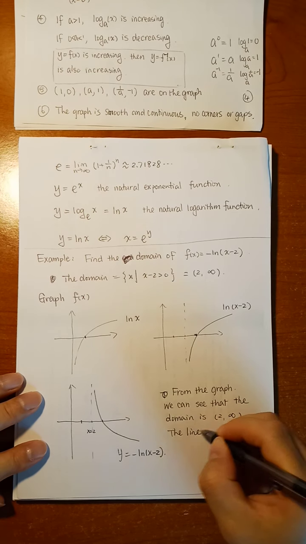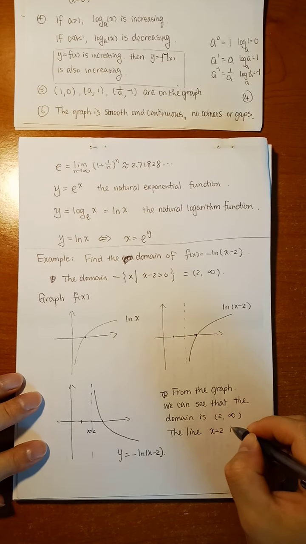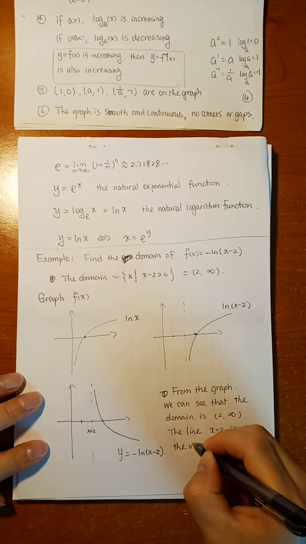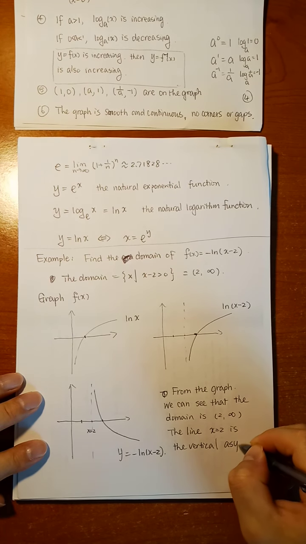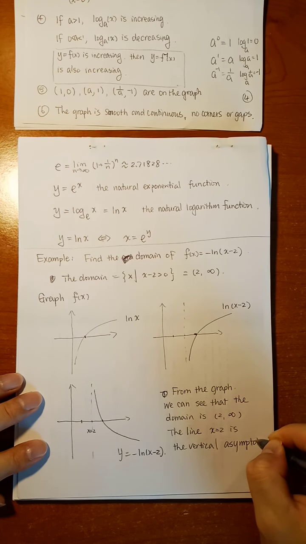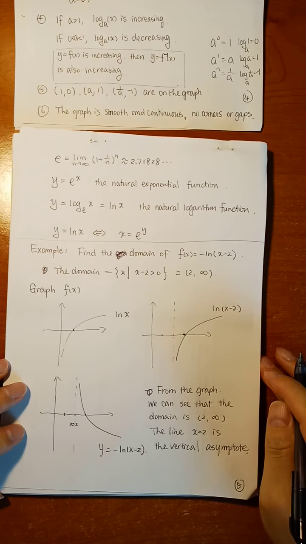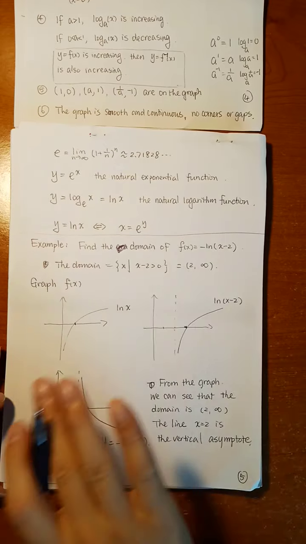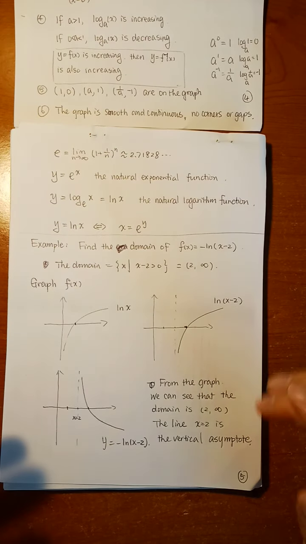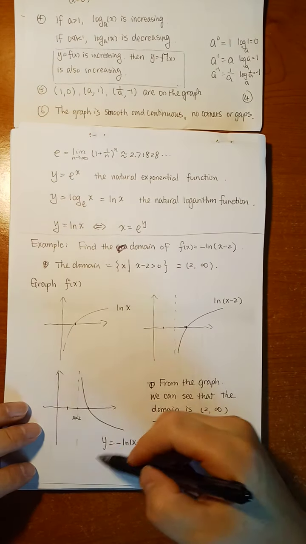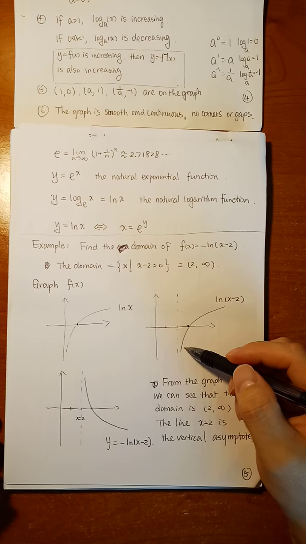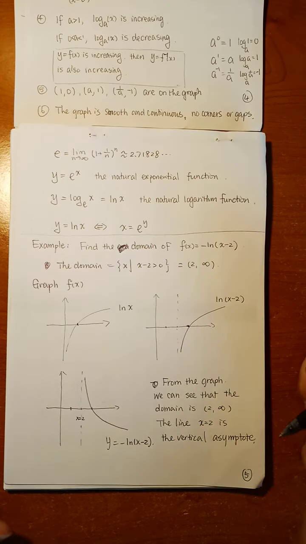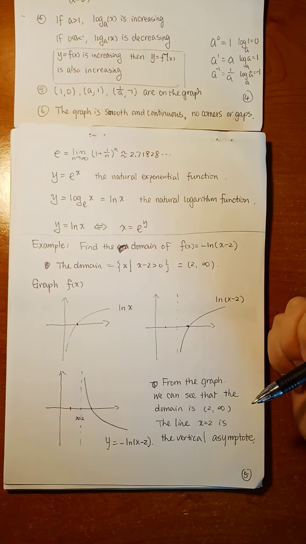The line x equal to 2 is the vertical asymptote. So if a graph has an asymptote, when you do translation and reflection, it's better to also sketch the asymptote here, because those asymptote lines will help you to sketch the graph.